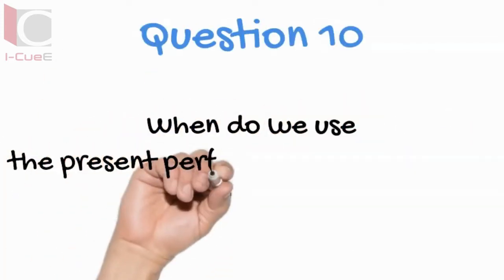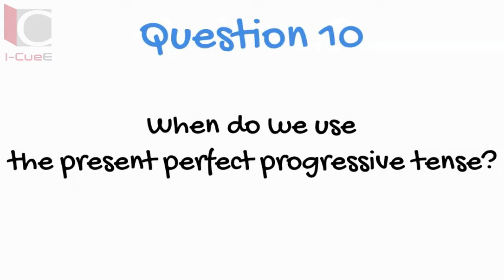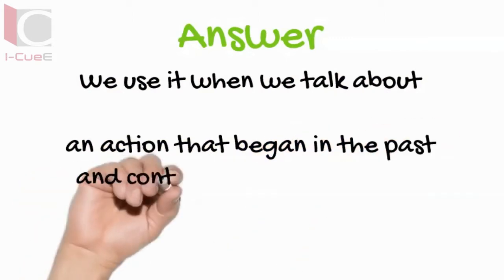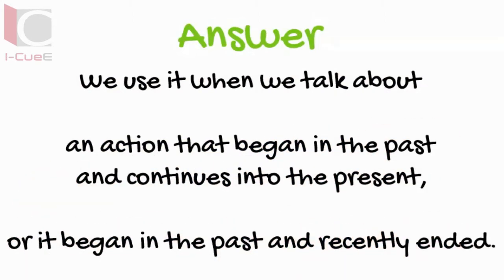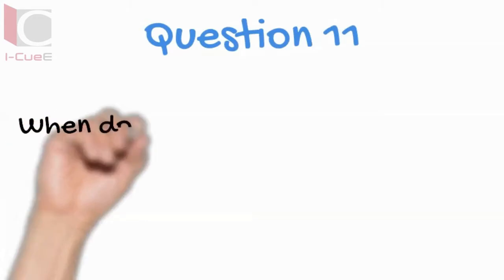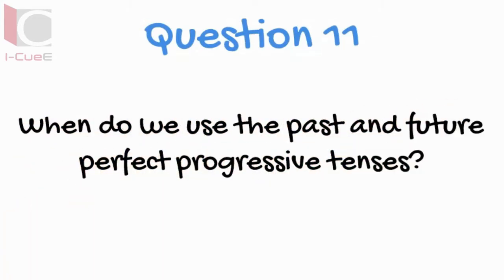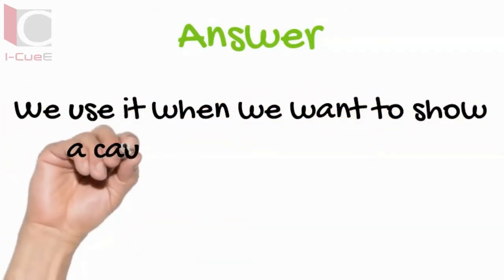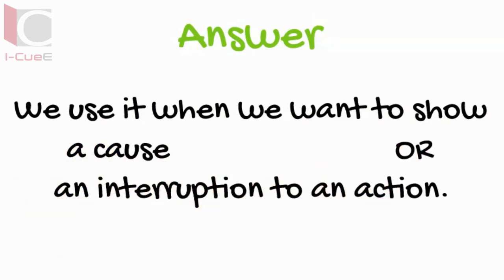When do we use the present perfect progressive tense? We use it when we talk about an action that began in the past and continues into the present, or it began in the past and recently ended. When do we use the past and future perfect progressive tenses? We use it when we want to show a cause or an interruption to an action.